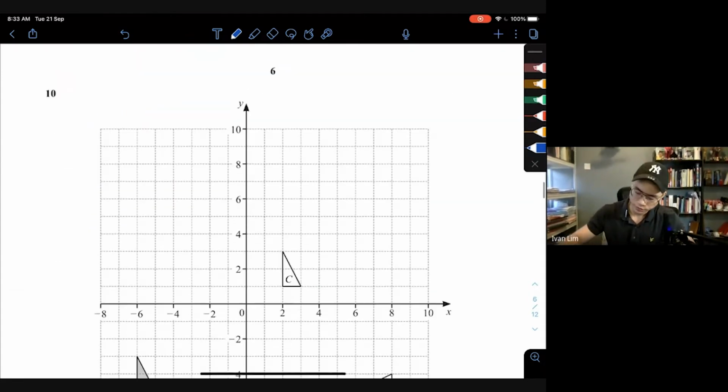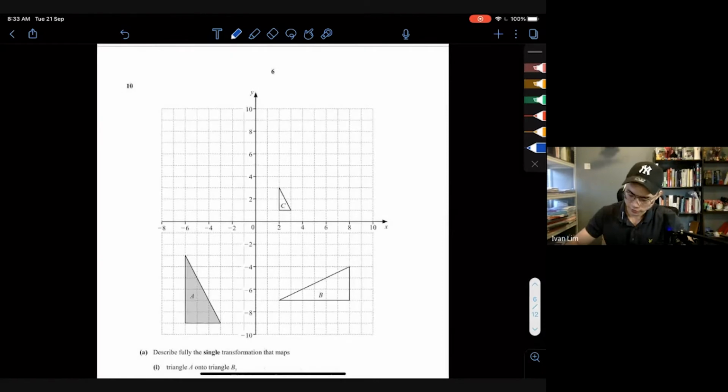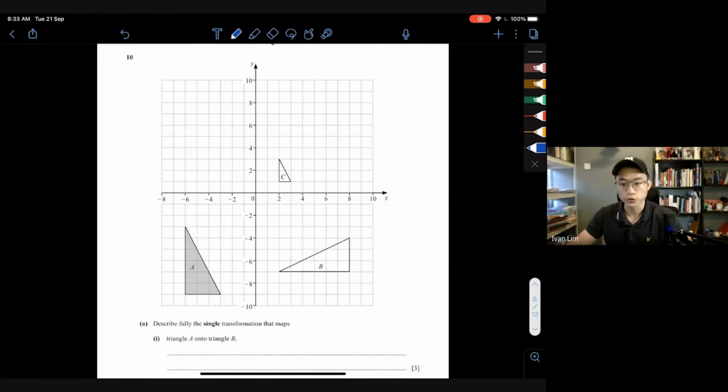Next one. Question 10 is the one that you all have to take note of. Describe fully the single transformation that maps triangle A to triangle B. You need to determine what type of transformation it is first. A to B. You see, it's anti-clockwise.